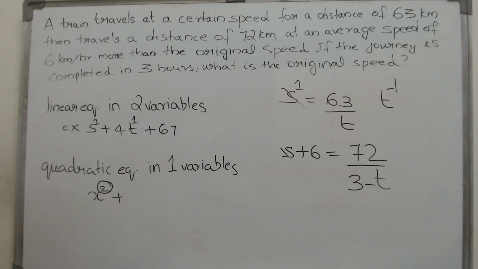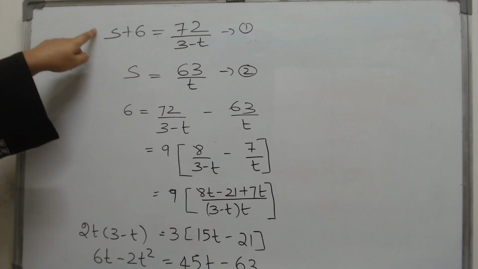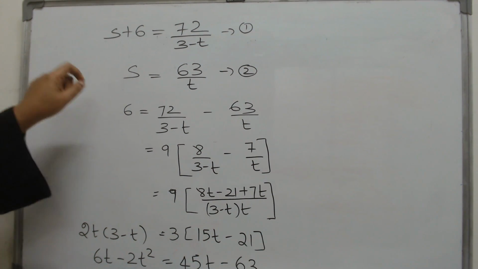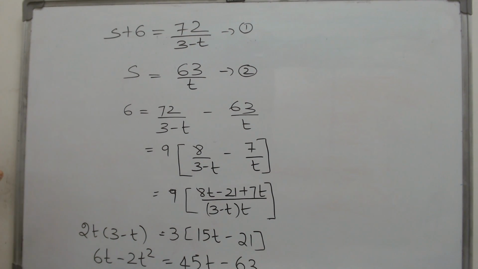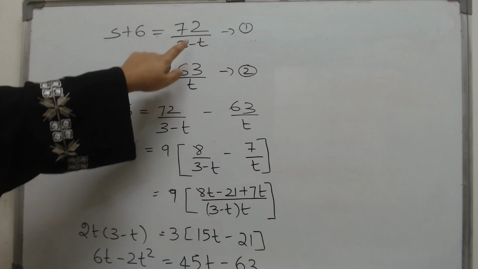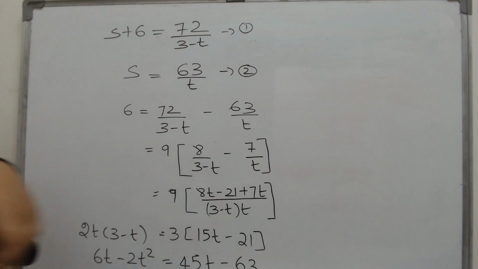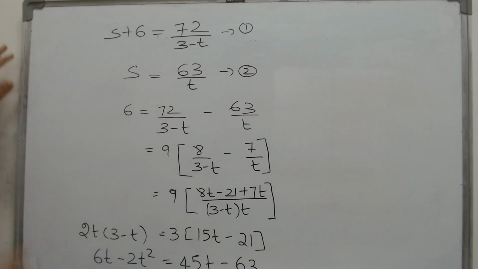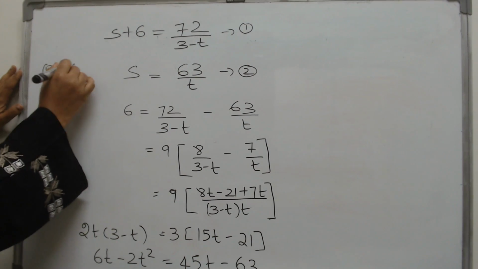Let us see how to do that. Now here we have two unknowns and two equations. Let us get rid of one unknown, one variable. Now t comes in the denominator, so it is going to be a lot of headache if you try to get rid of it. S will be easier to remove. What do you have to do? Just do 1 minus 2, that's all.